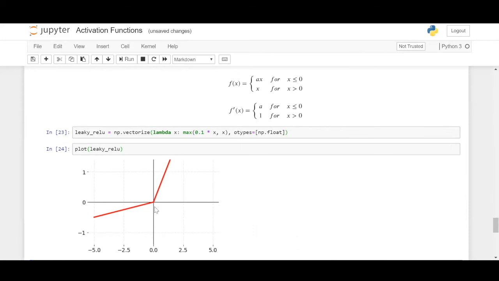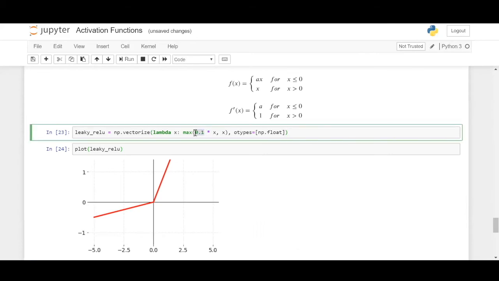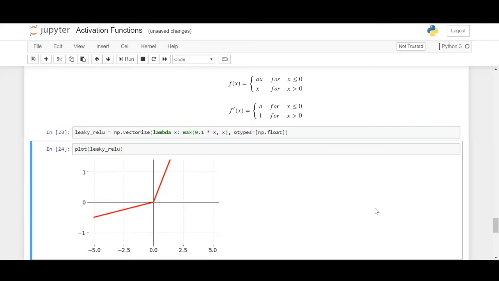So a is kept less than x, hence it is moving away from the y-axis. Here we have used the value 0.1, but you can use the value 0.5 also. But keep in mind that the value of a has to be below 1 and above 0. So this is the leaky ReLU activation function.